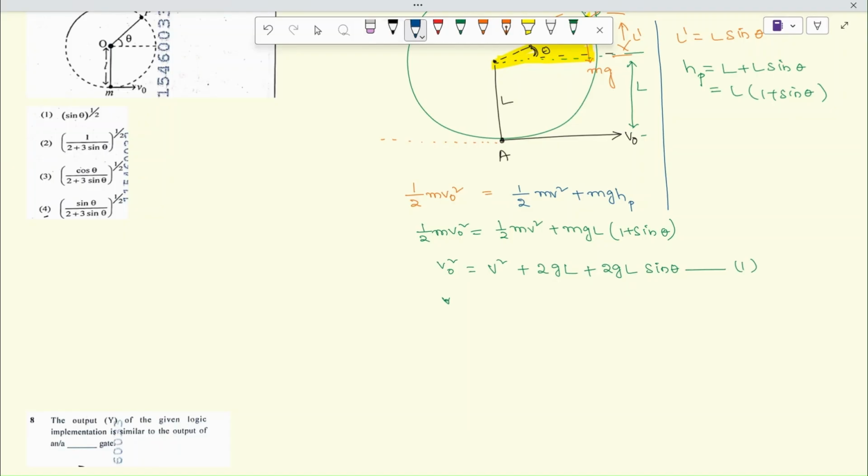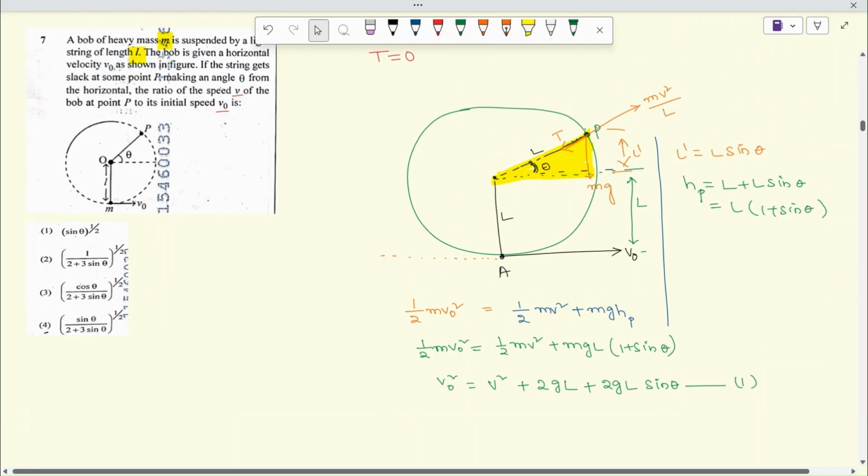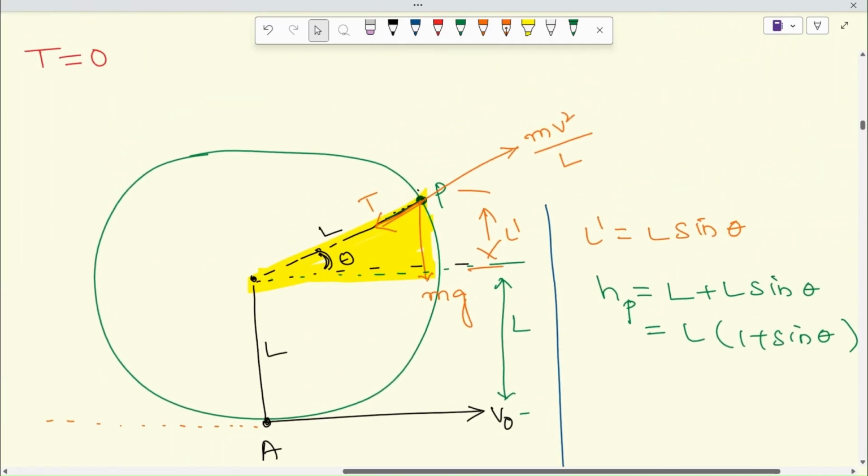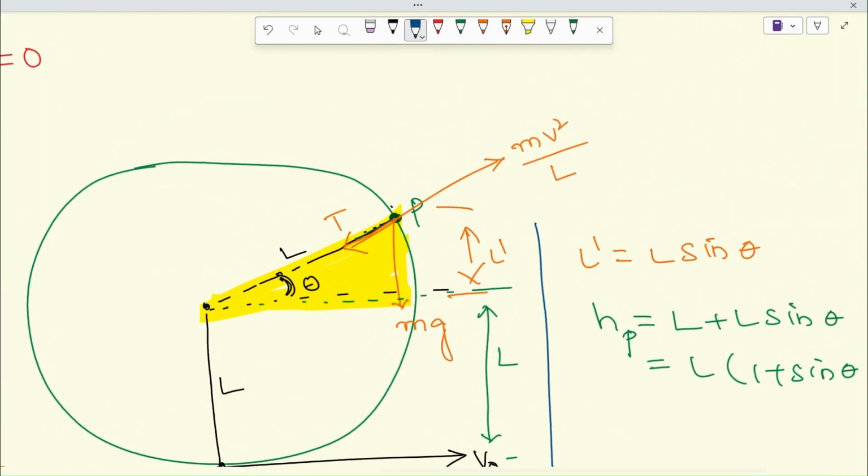Now coming to the force equation. At point P, we said that tension T is equal to 0. Now observe this free body diagram. This tension T, mv square by L and mg, all these should balance each other.